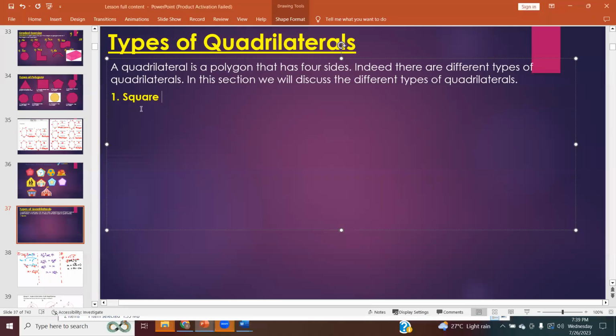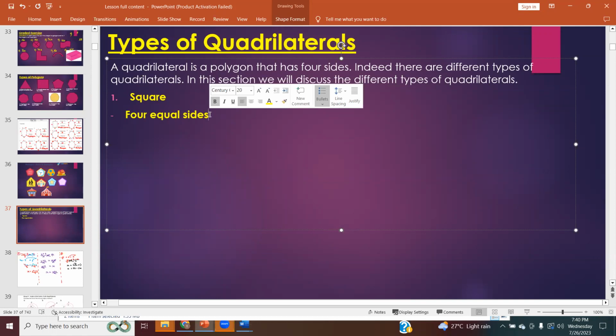So the square is your first type of polygon. What do we know about the square? Well, it has 4 sides. It's flat. 4 equal sides. That's very important. The next thing we know about the square is that it has 4 equal angles.